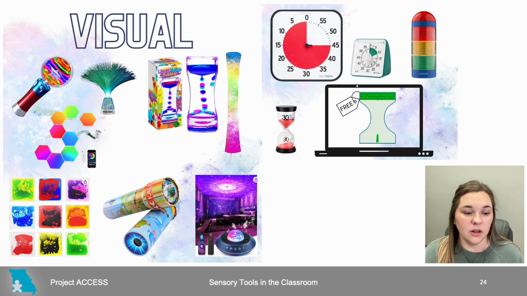And so I've included a couple different options there, using kaleidoscopes to look through, using visual timers or visual red light, green light, yellow lights. And then you can also use a free visual timer on your computer. And I've included that in the free resource that I posted on the workshop.